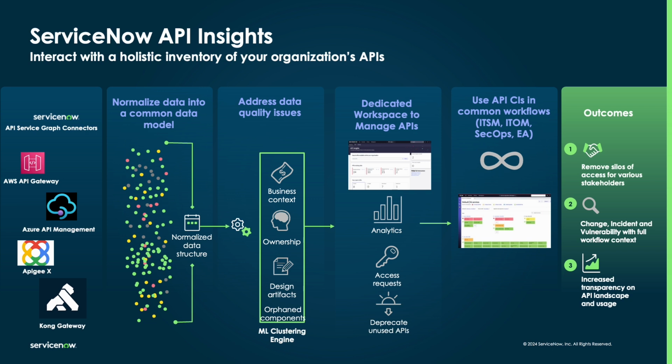Then once that data is in, I will show you in the demo, you can start linking APIs to different app services and business applications, filling in the ownership information of an API. And right now, the linking of an API to app services is a manual process. Over time, we will automate that process also.